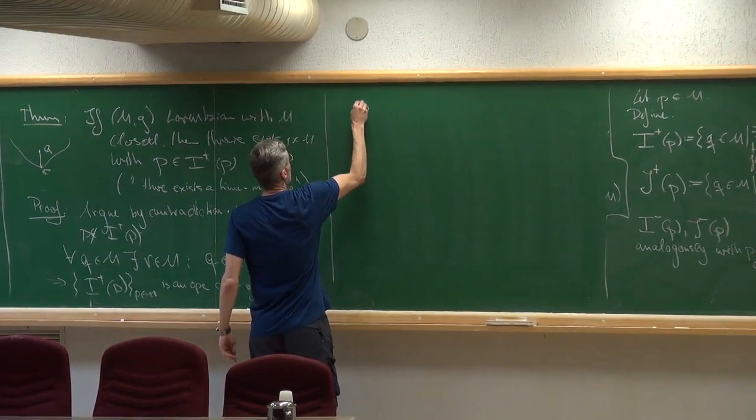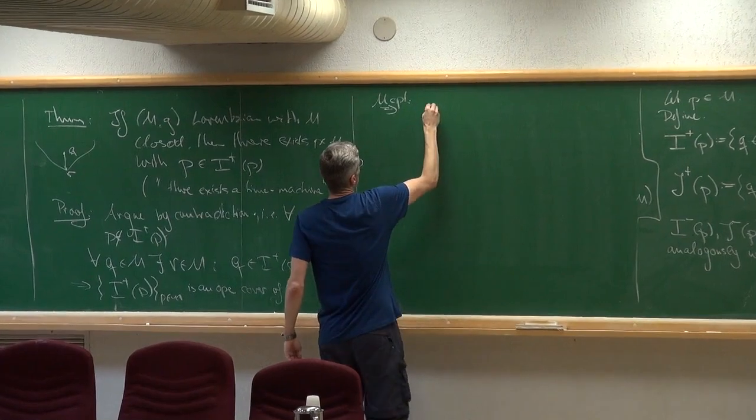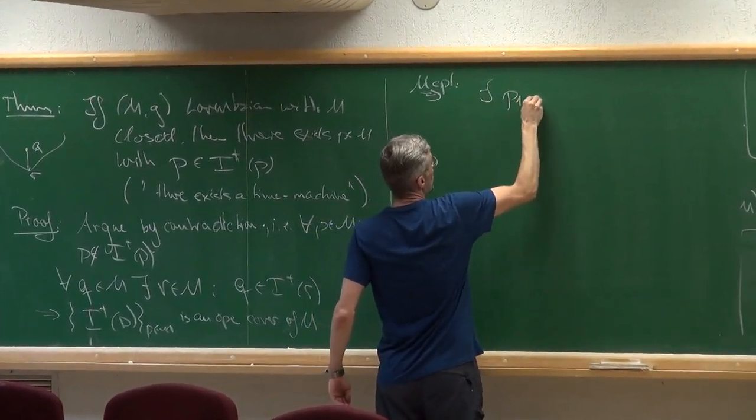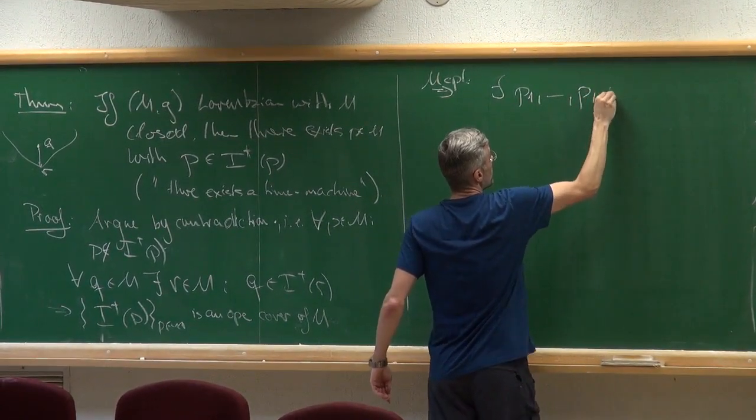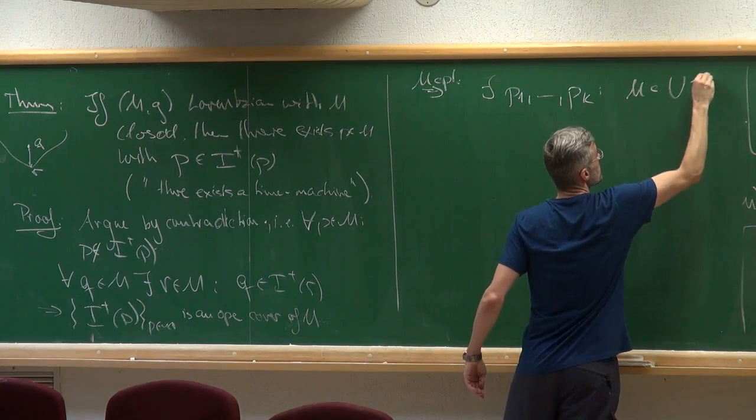So M compact means that there exists P1 to Pk such that M is in the union of those.